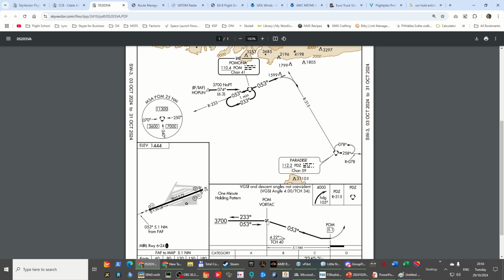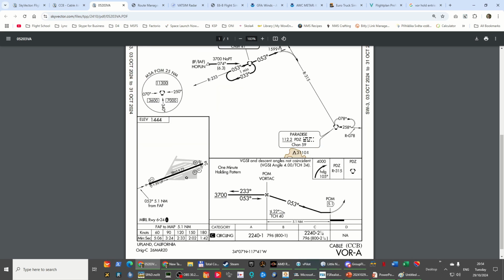The VOR is the initial approach fix, but it's also the final approach fix, as you can see from this Maltese cross. Then we have quite a steep descent. For 4 degrees, it's more than the 3 normal degrees. So be prepared, especially if the aircraft glides really well.